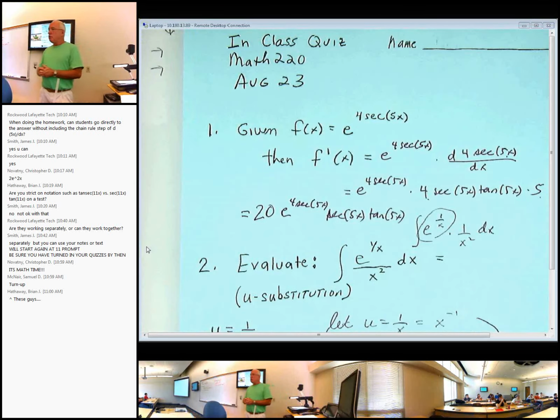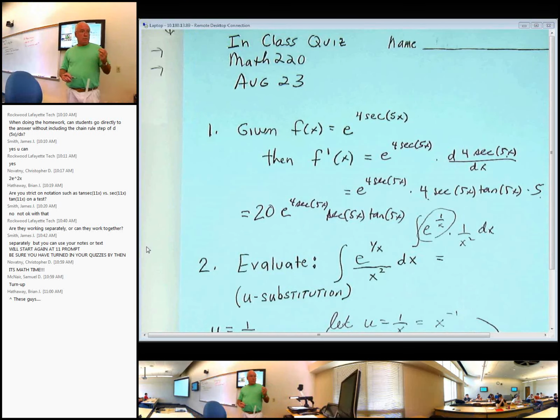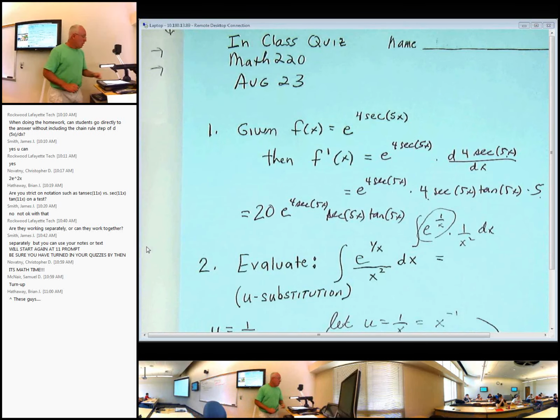Okay? So the chain rule can be done more than once, and you're certainly going to see that, where you just go all the way. It's like peeling an onion. You keep going into that inside function until you're completely finished with it. Right. Okay.